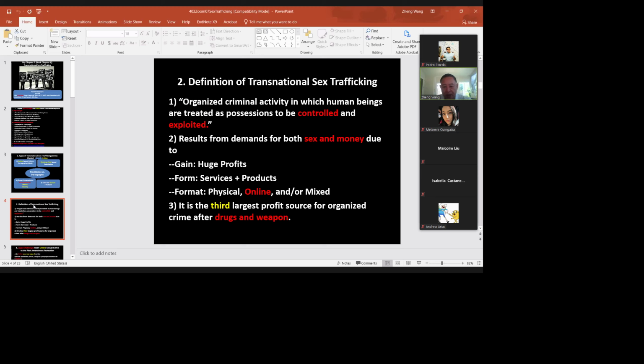Then they send the video and the picture into the United States or just put it on a website, and somebody can visit. So this is what we call transnational sex trafficking, on top of human trafficking, which is focused on adult males, while this is women and children. So not too hard so far.